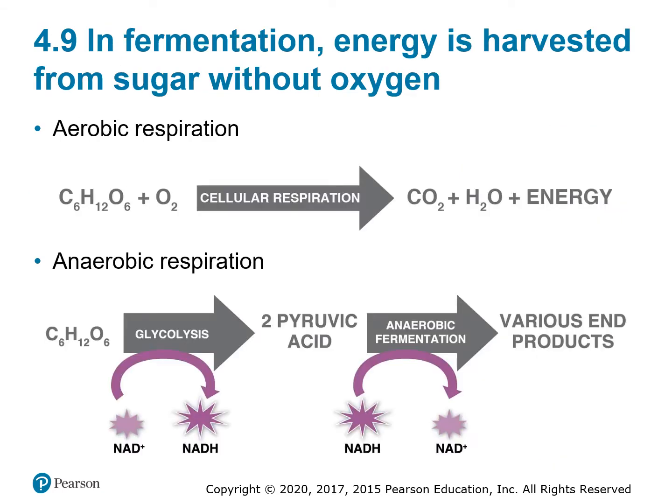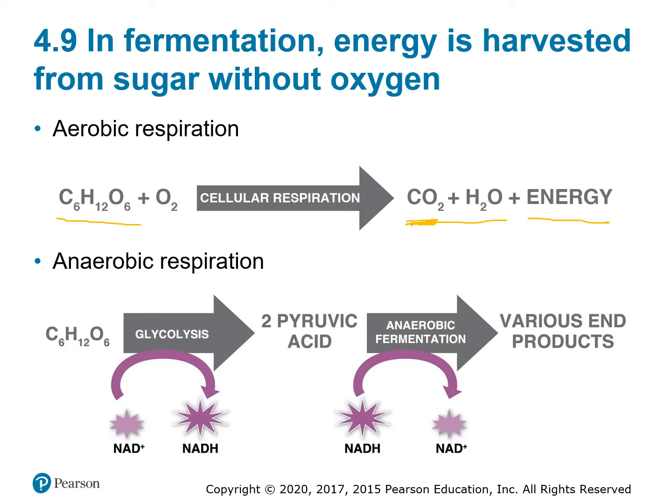So remember, with aerobic cellular respiration, glucose is broken down in the presence of oxygen, and carbon dioxide and water are released along with energy in the form of ATP. So in this case, glucose is broken down quite extensively to release CO2.